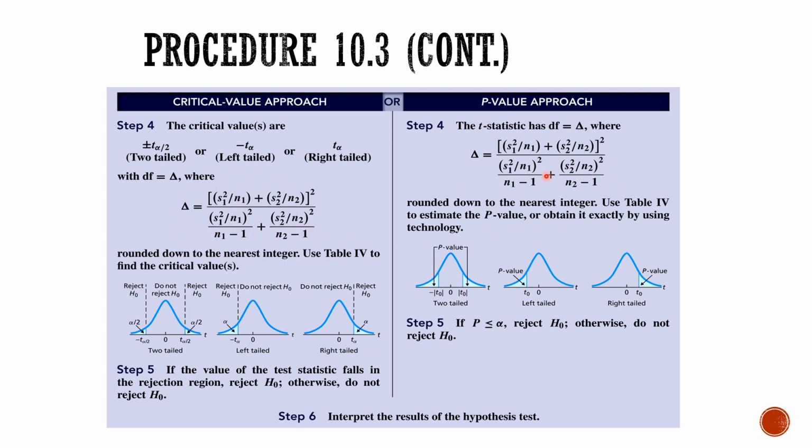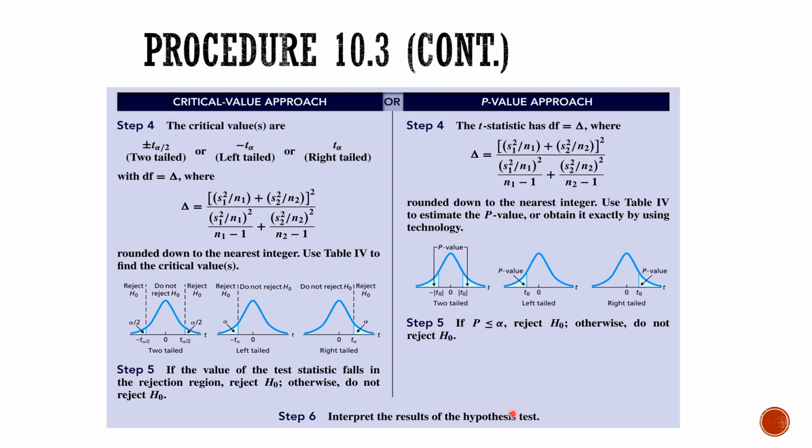If we are using the p-value approach, then we have to find the probability or the area associated with our test statistic, with this particular df value. Based on what we find from these two approaches, we will either reject the null hypothesis or not reject it, and finally interpret the results of the hypothesis test.